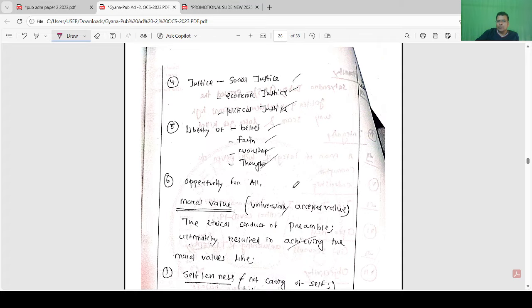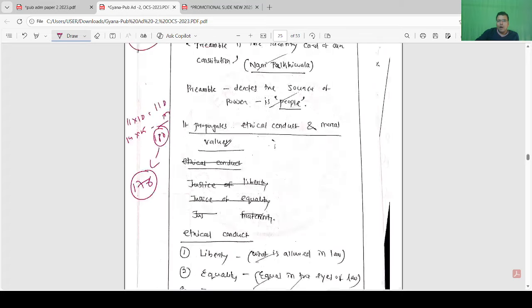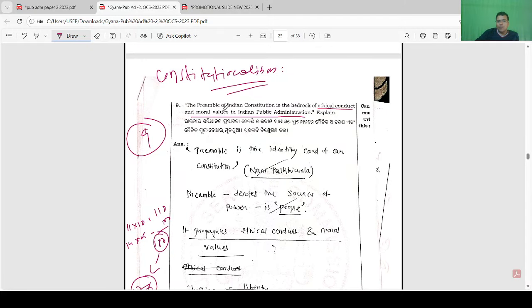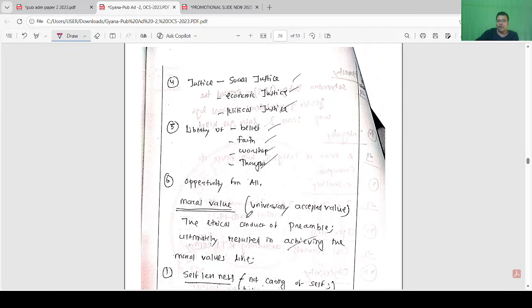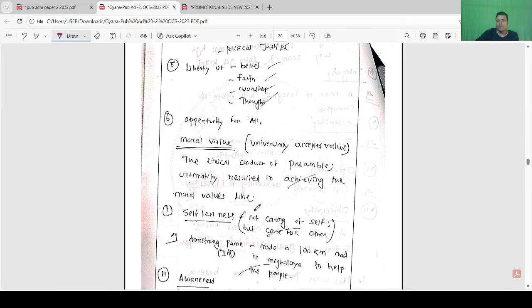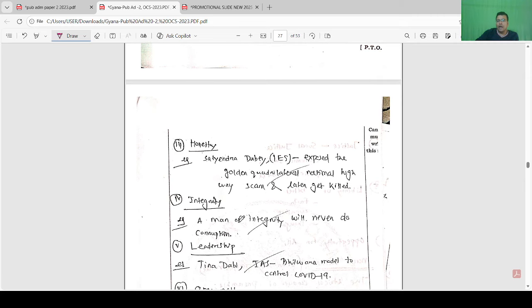So Indian administration, how does it promote ethical conduct and moral value? Yes, the words liberty, equality, fraternity, justice all promote moral value and selflessness in an Indian administrator.